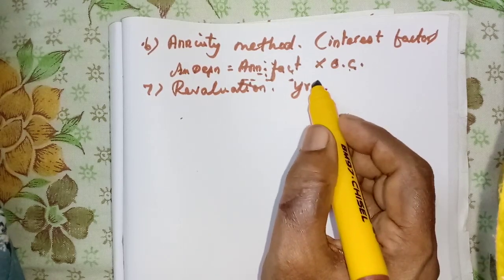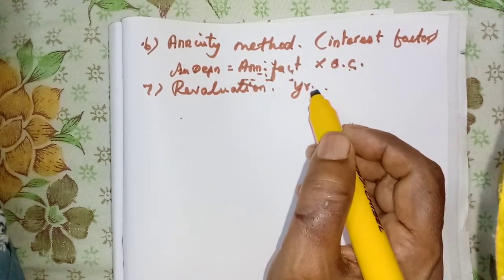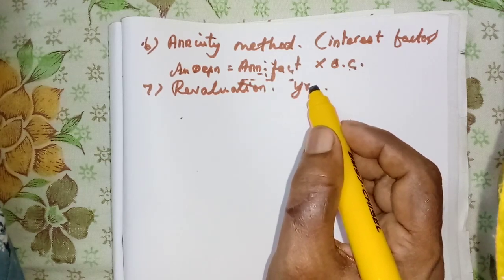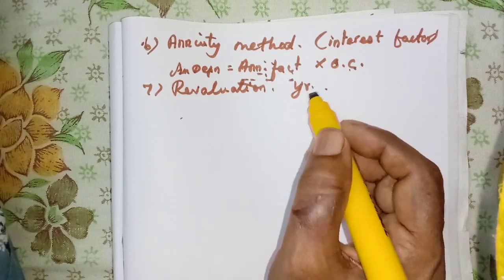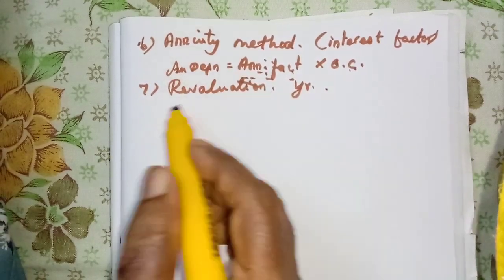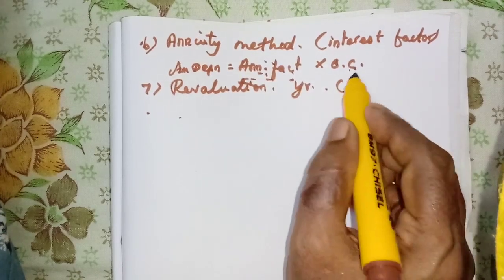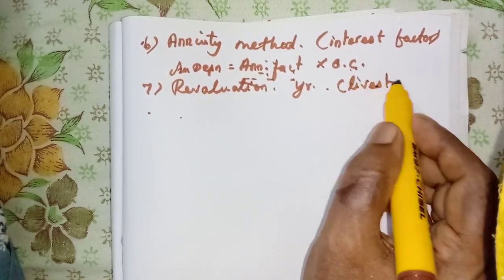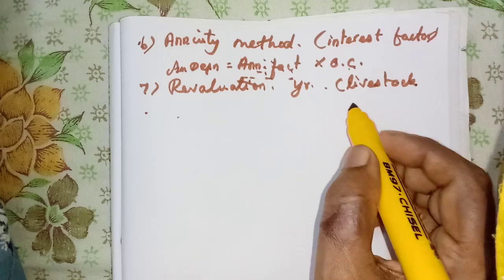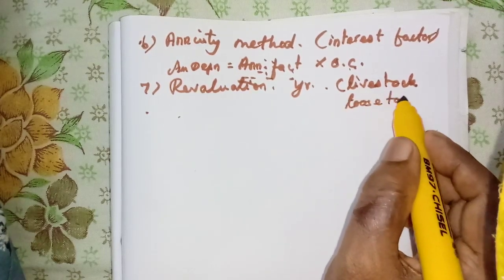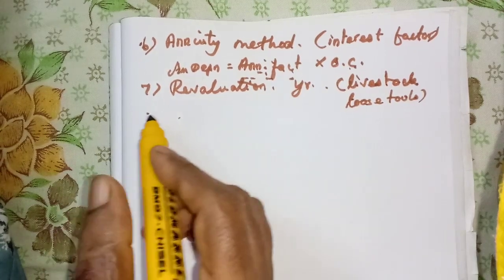The value will get reduced at the end of the year. So the difference between the opening value and the closing value will be considered as the depreciation here. This method is used for livestock or for loose tools and equipments.